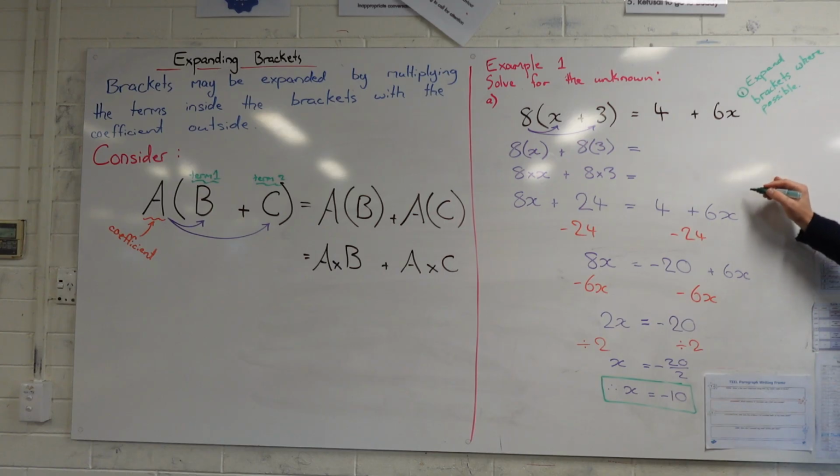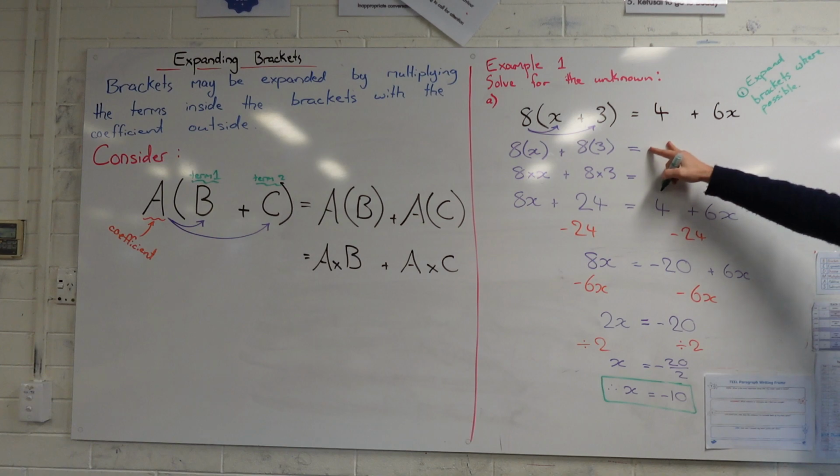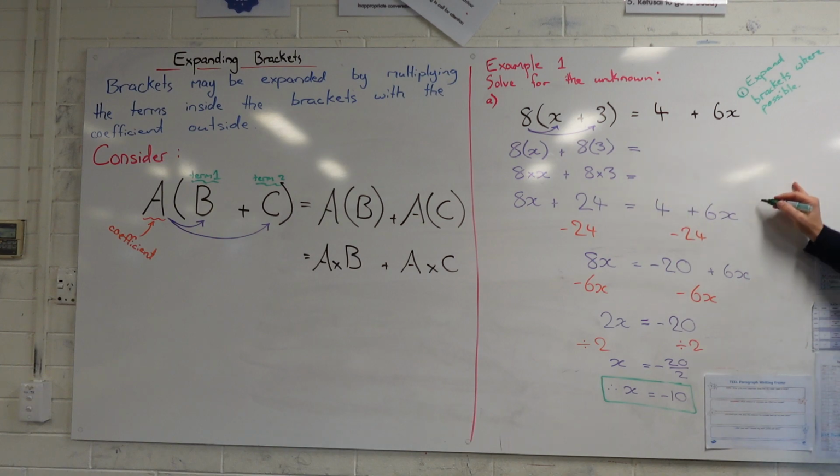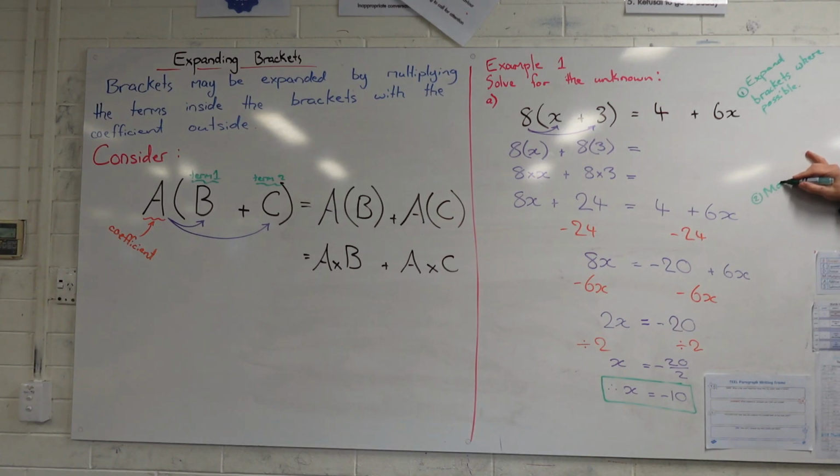Step 2, collect like terms where possible, or no, we don't need to. Step 2, move constants right. Step 3, move variable terms left.